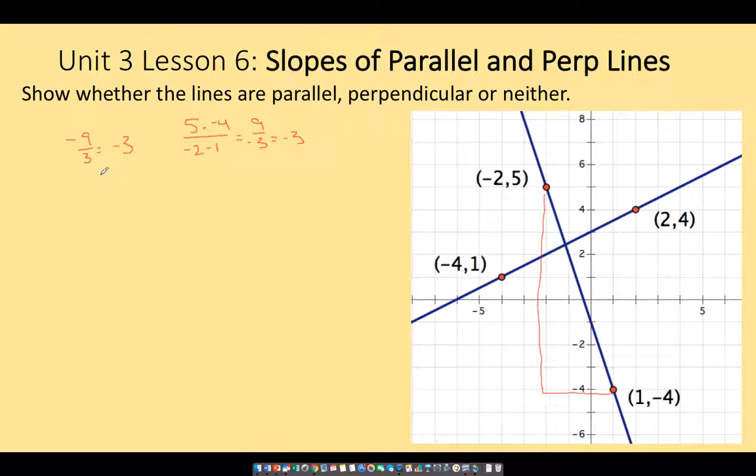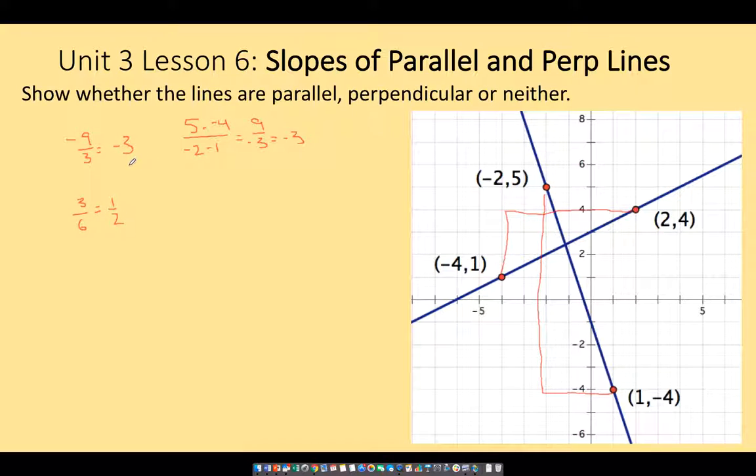So let's see if my other one is positive 1/3, well, then they're going to be perpendicular. So let's go ahead and try that out. If I go ahead and start just counting, well, let's see. I rise 3, run 3, 6. Rise 3, run 6. I think that's 1/2.